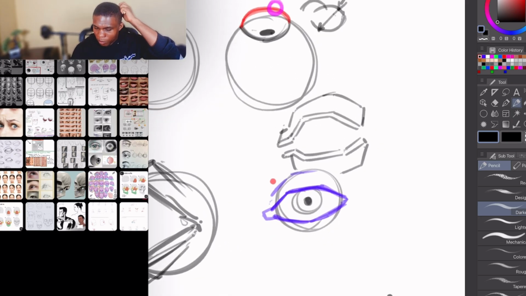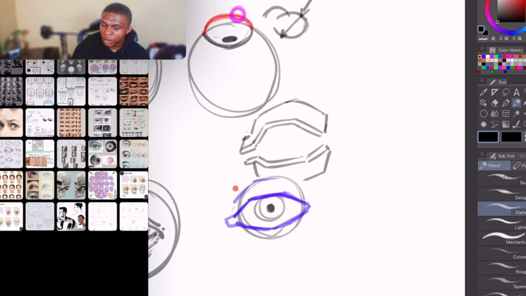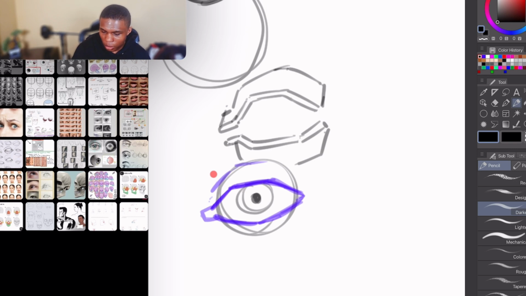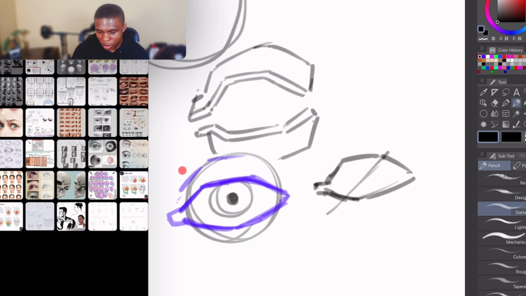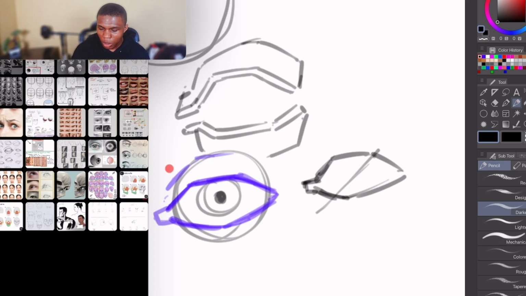You can just use three planes, and the peaks of these eyelids have diagonal shapes. So one, two, three, and one, two, like this. It gives it an interesting look. The upper and lower planes are not symmetrical, they're asymmetrical, so they have this interesting shape when you look at them.